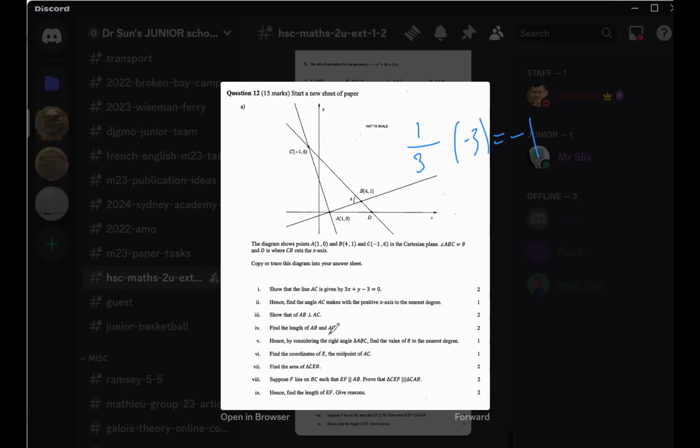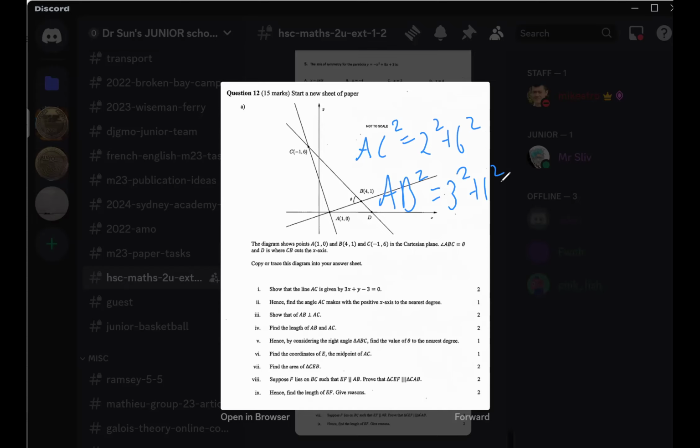Find the length of AB and AC. Okay, so this is the distance formula. So AC squared equals 2 squared plus 6 squared. And AB squared equals 1 squared plus 3 squared.